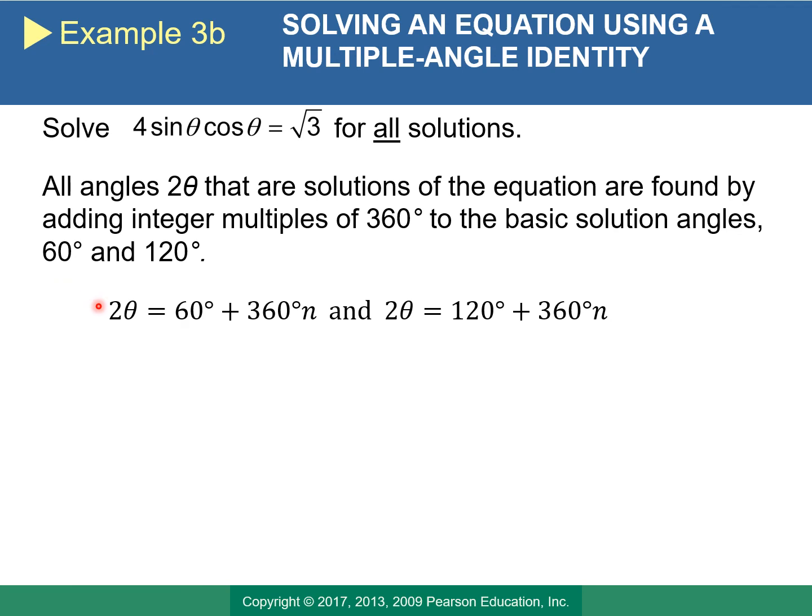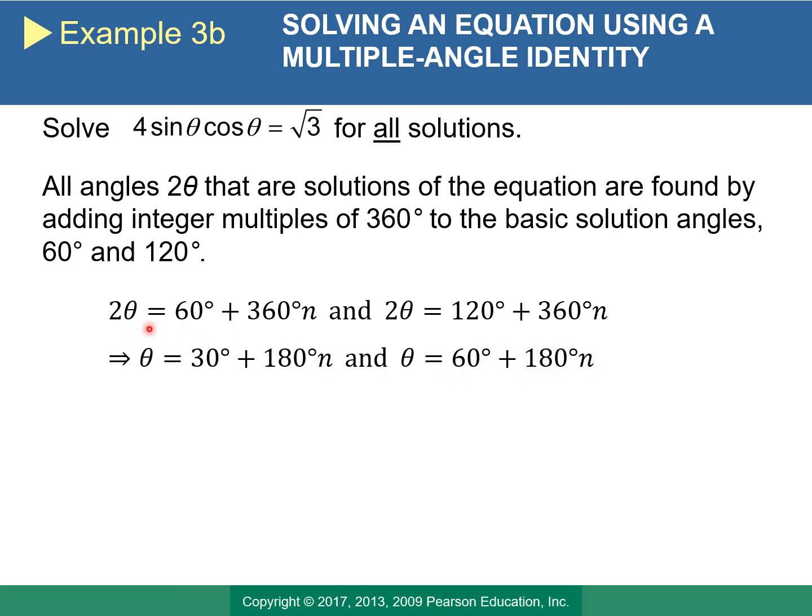Okay? So we start with the fact that 2 theta equals 60 and 120 from our work, and then we add multiples of 360 to both of those answers individually. And then once you have these two equations, now you divide by the 2 to get theta. So when you divide by 2, you get theta is 30 plus 180 multiples, so n times 180, and 60 plus n times 180.